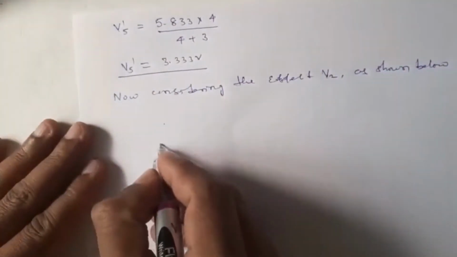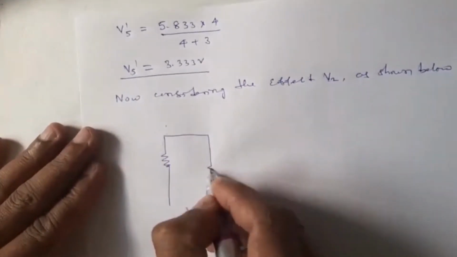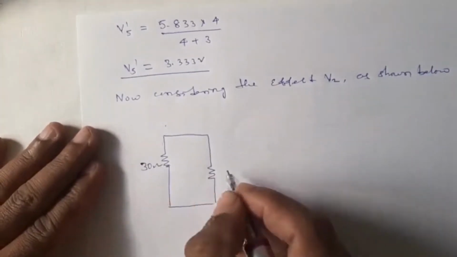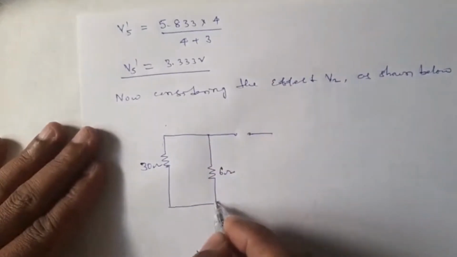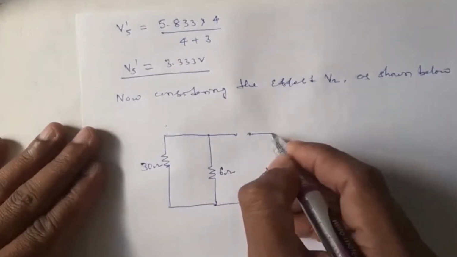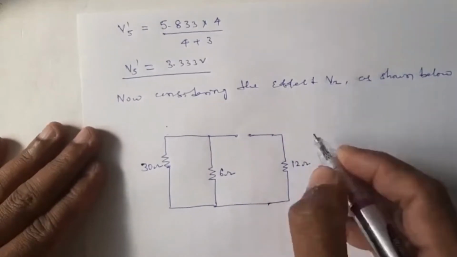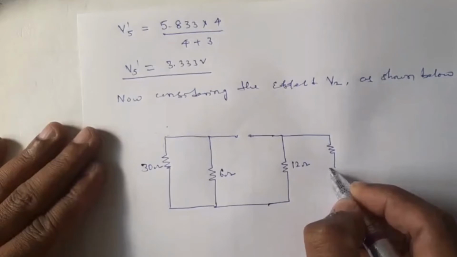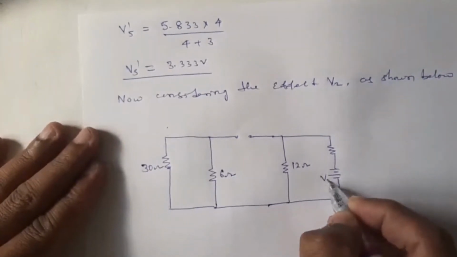Here you have 30 ohm, because we will short circuit V1. This is 6 ohm, and here it is open circuited, and here you have 12 ohm. So this is 4 ohm and positive, negative, your V2. V2 is 8 volts.